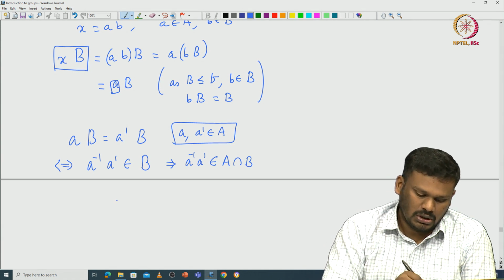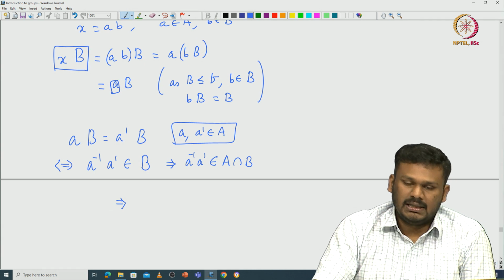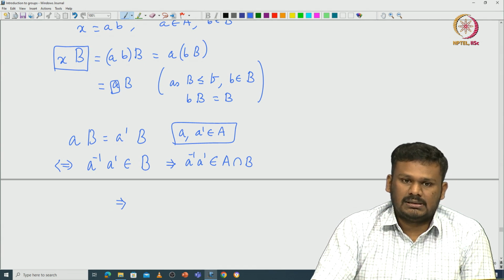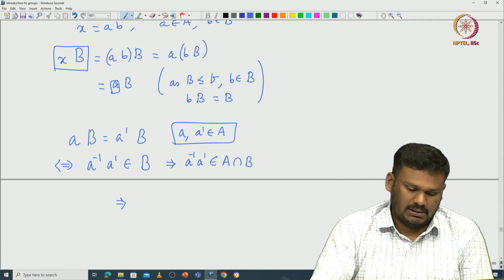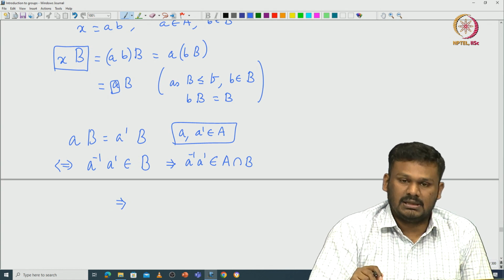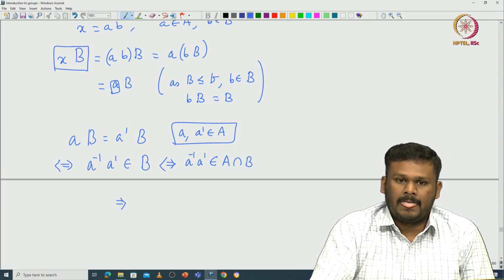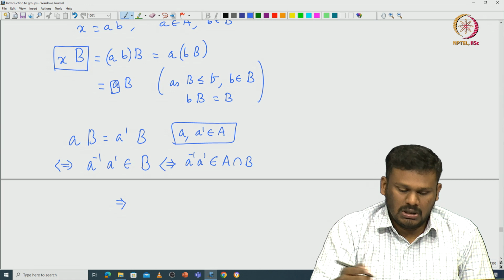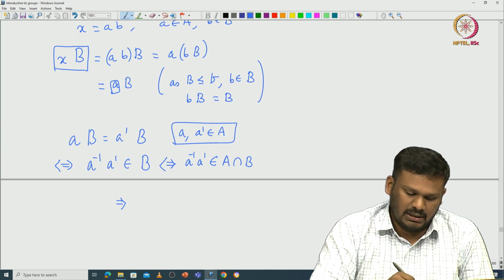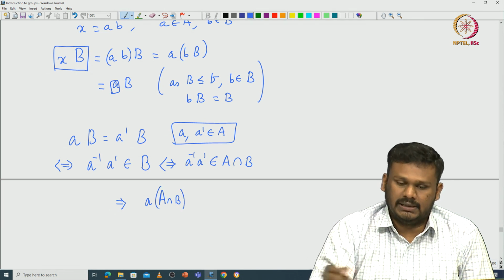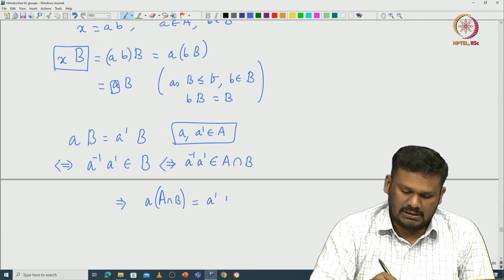So, aB equal to a'B is characterized by a inverse a' being in capital B, which is again, if you think about it, characterized by a inverse a' being in A intersection B, because a and a' both come from capital A. So, that implies immediately, if you look at A intersection B, this coset is the same as a'(A intersection B).